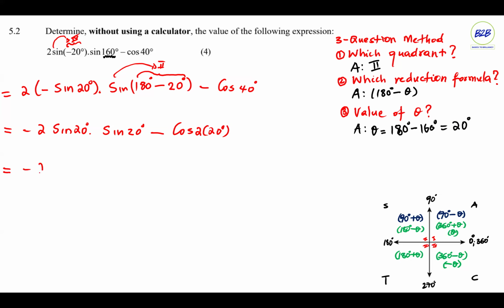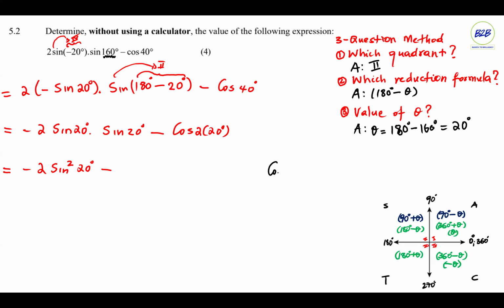So minus 2 sine 20 times sine 20, that is sine squared 20 degrees. Minus. We are at a very good stage. Cos 2 times 20 degrees. That is a double angle for cos.